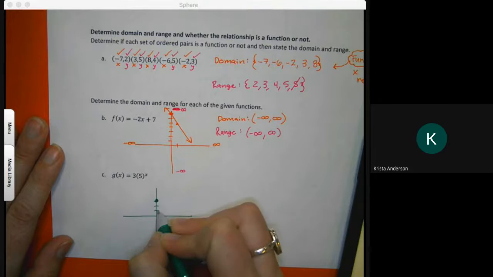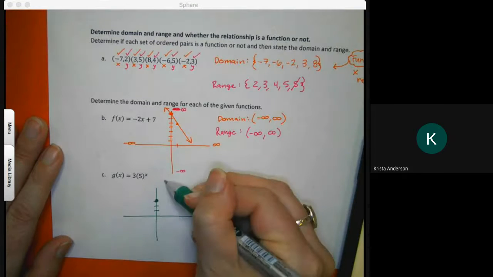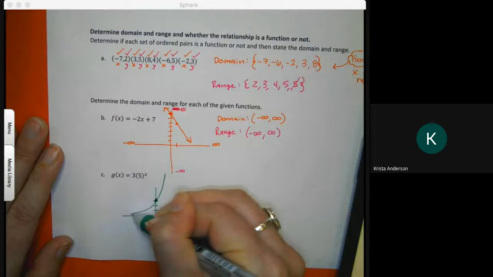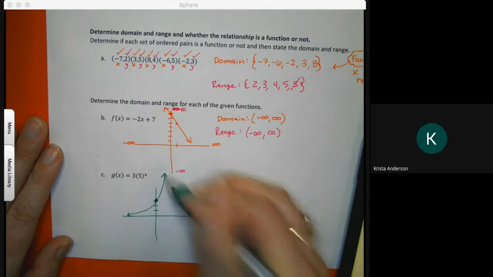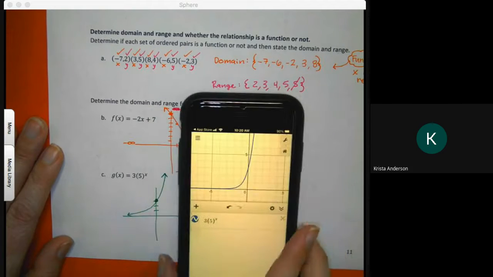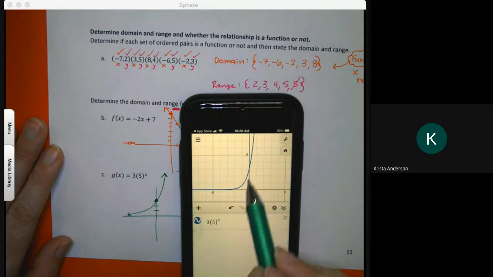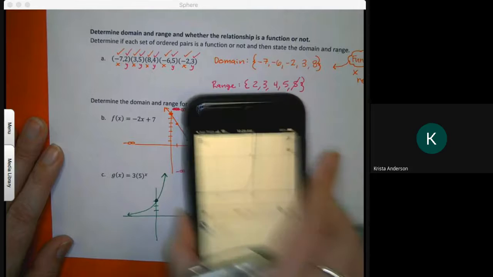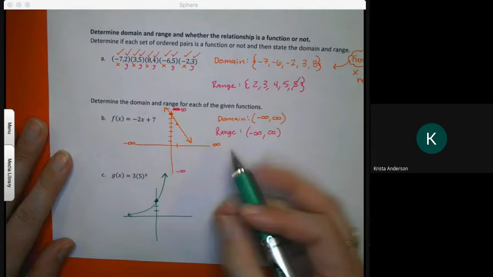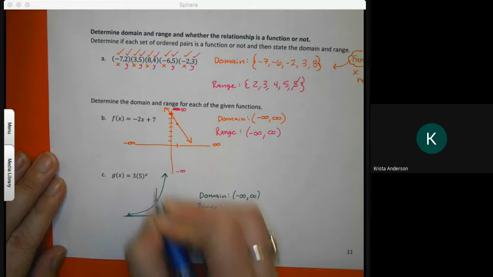And if I times it by 5, it would be up to 15. And it curves down to kind of match my graph. It crosses at 3 and flattens out. My domain, it goes to the left infinity and right infinity. My range is different though, because it stops at 0 and goes to infinity.